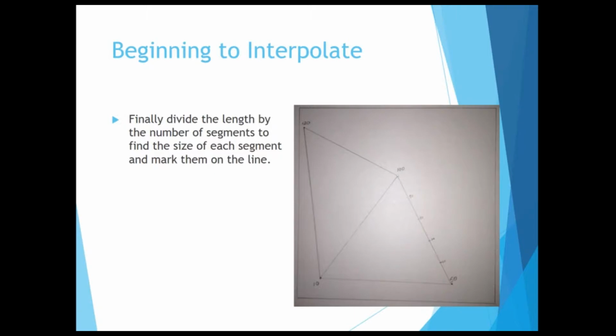So if I measured and that line was 5 inches long and I need 5 segments, each segment needs to be 1 inch long. If it was 6 inches long, each segment would need to be 1.2 inches long. You have to measure it and divide and go from there. Each one will be different.